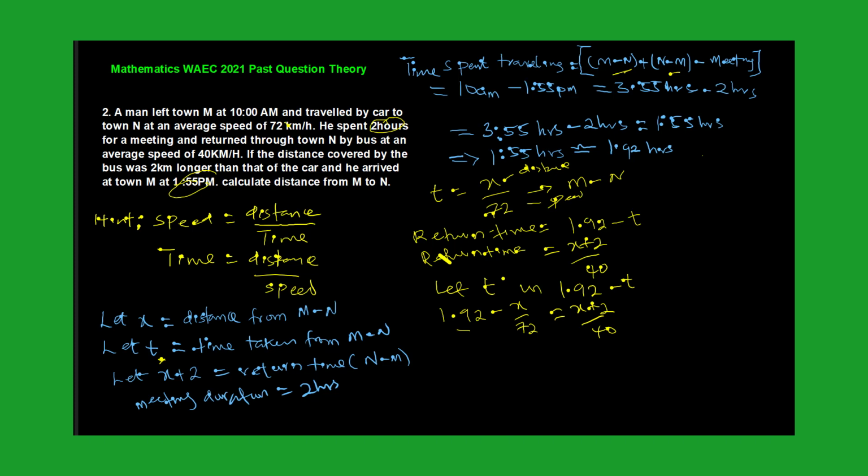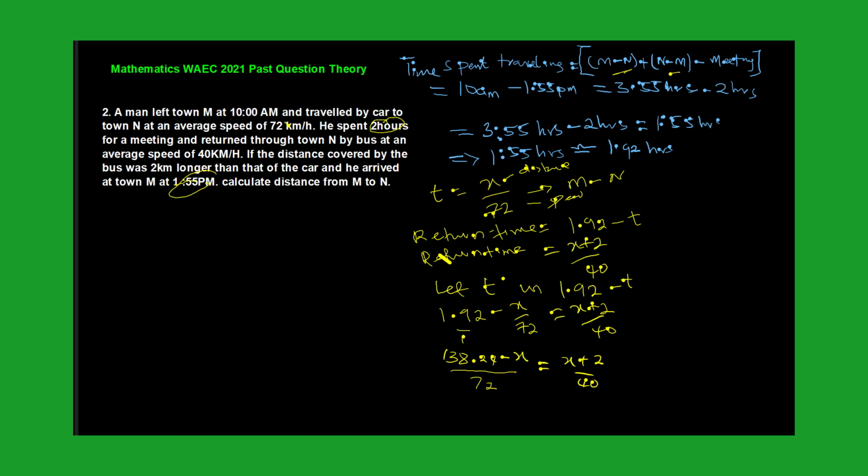So first of all, let's find the LCM, 72. So 72 times 1.92 is 138.24 minus X, all equals X plus 2 over 40. So let's cross multiply.